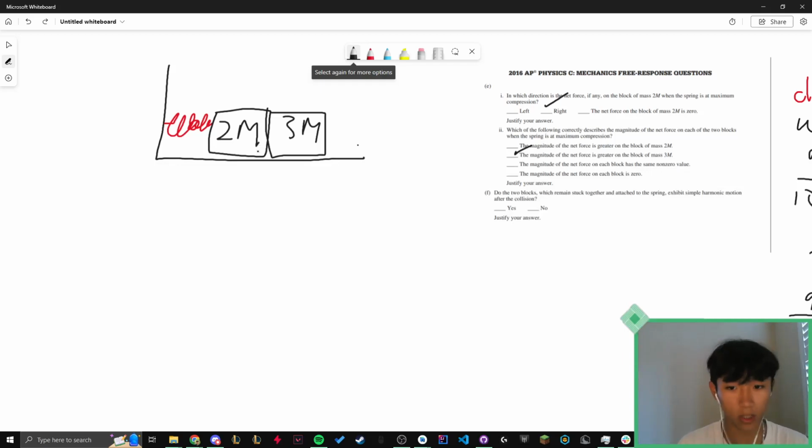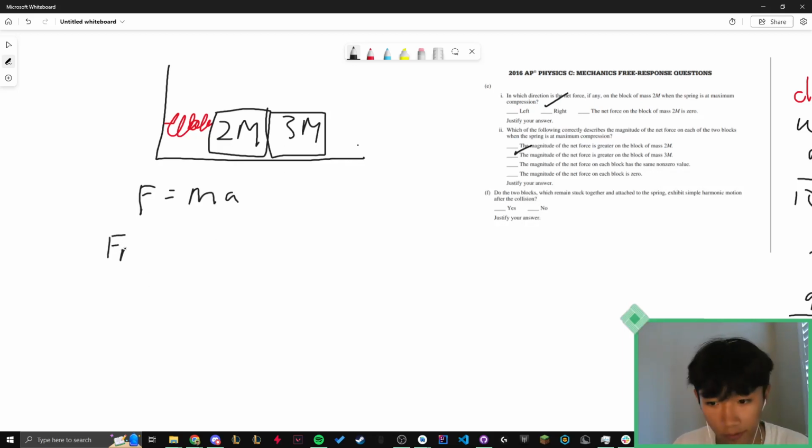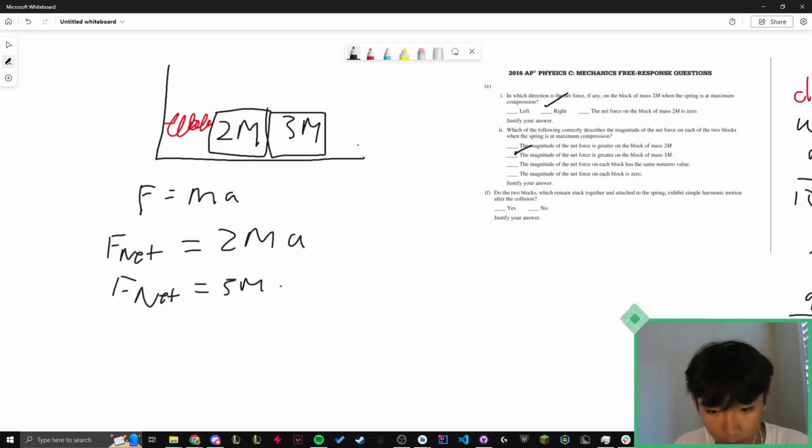If the blocks are sticking together and moving together, that means their acceleration is the same. So if we look at the equation F net is equal to ma, let's write this as 2m and 3m. So this would be 2m and acceleration, and this would be 3m and acceleration.